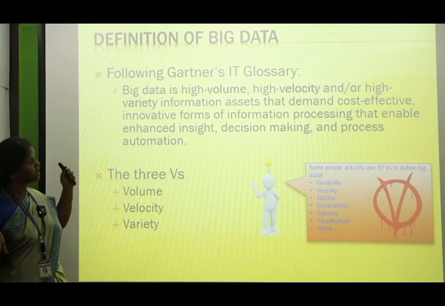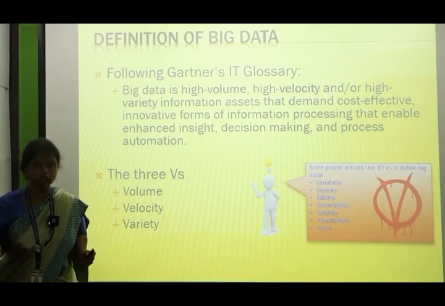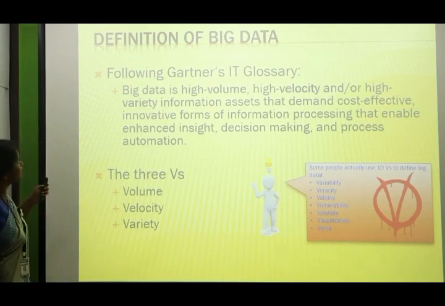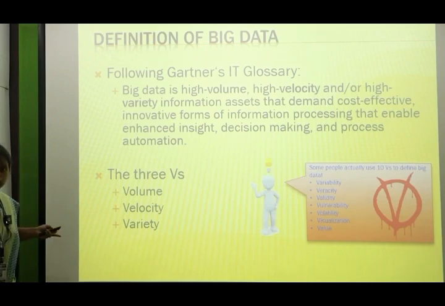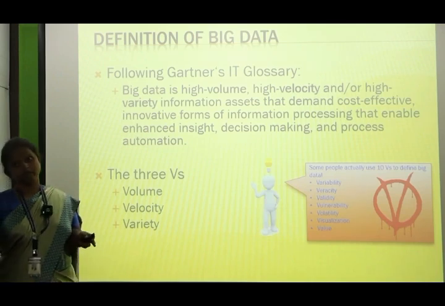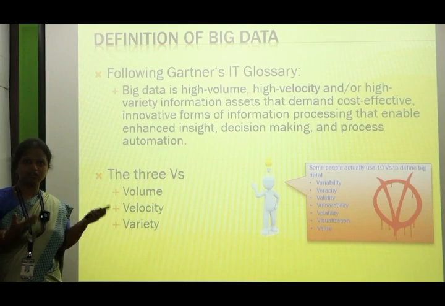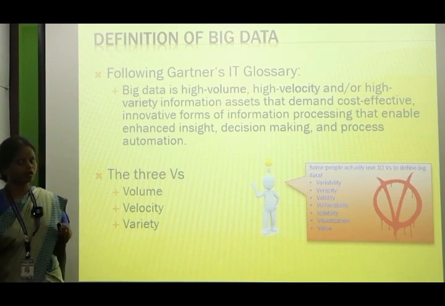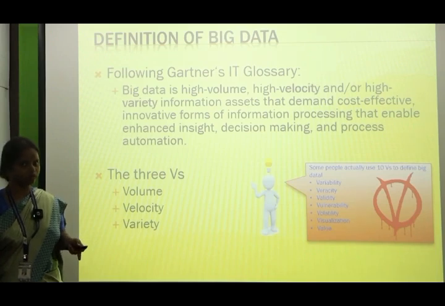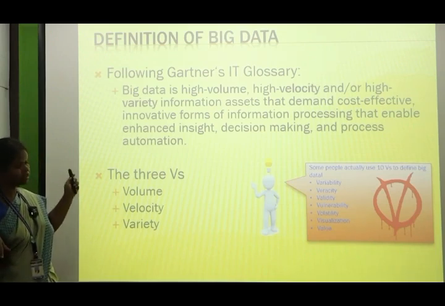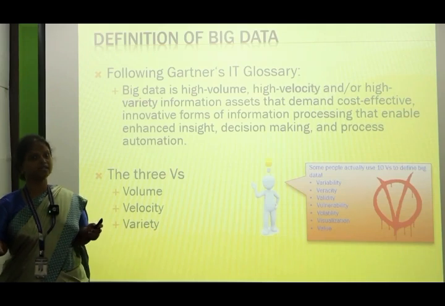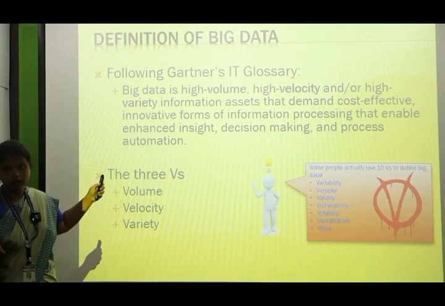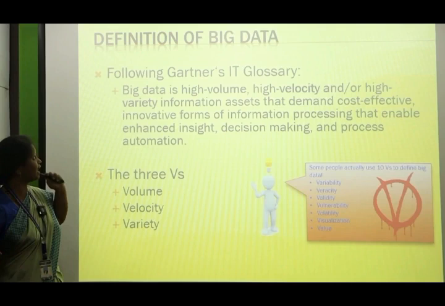Next, coming to the definition given by the IT glossary, big data is high volume, high velocity and high variety of information. You might have learned about this in your previous classes, in your data mining or data warehousing concepts. You know it very well. But here they are defining big data with high volume, high velocity and high variety.